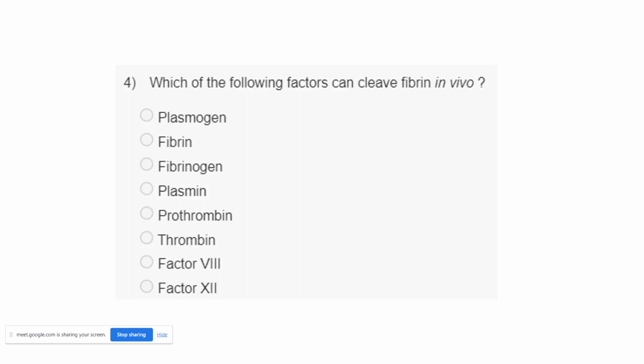Okay. Plasmin. Okay. Fourth option, plasmin. Okay. Anyone else?